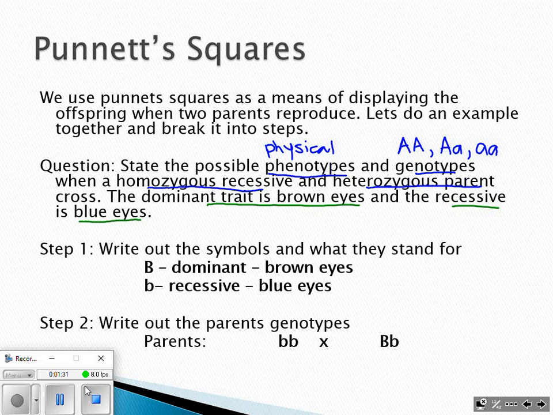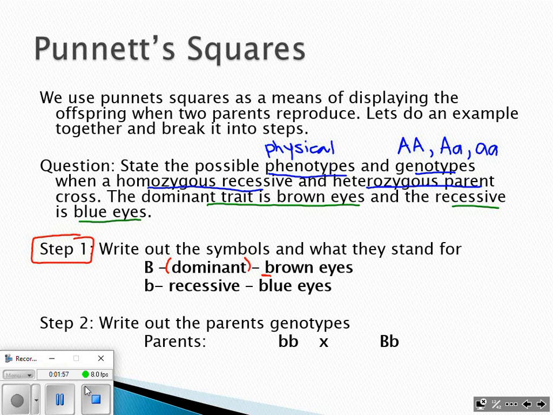The first thing we need to do is write out the symbols and what they stand for. You don't necessarily have to write this in, but capital B, that capital letter, remember, is for brown eyes. Brown eyes is our dominant trait, and we often use the first letter of that dominant trait to get our symbol.